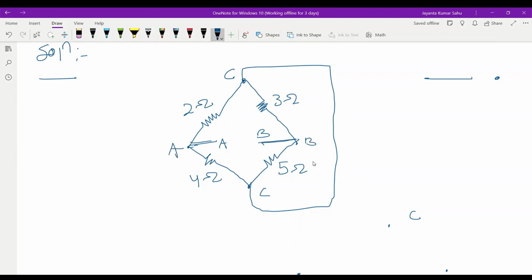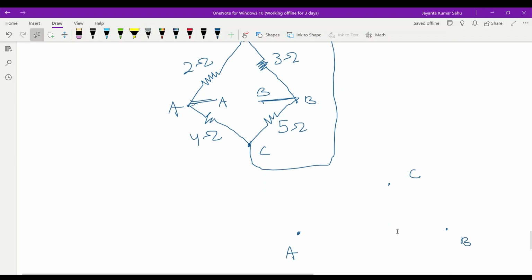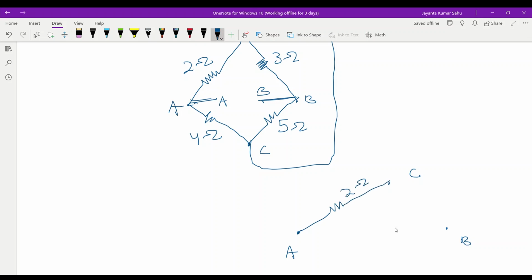A to C 2 ohm. B to C 5 ohm. A to C 4 ohm.